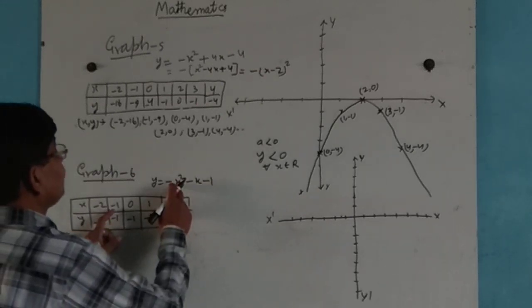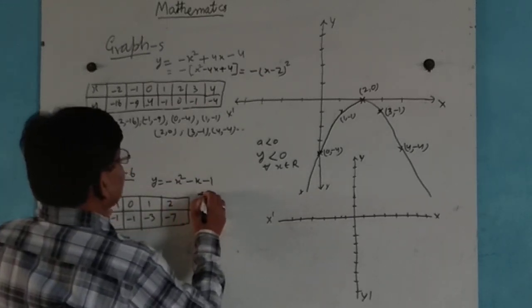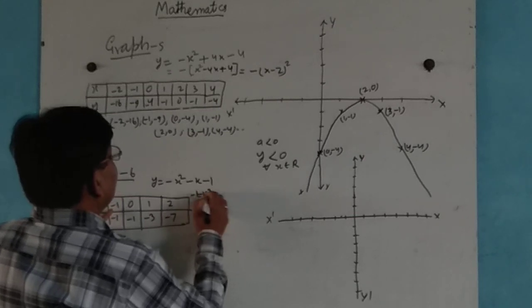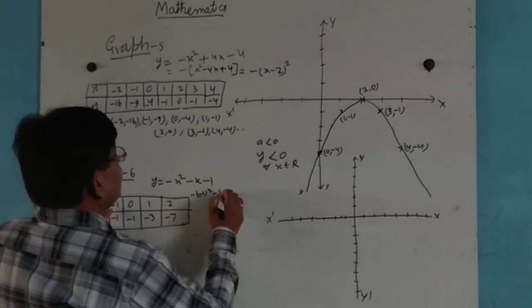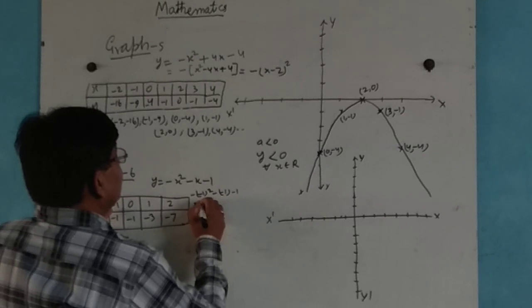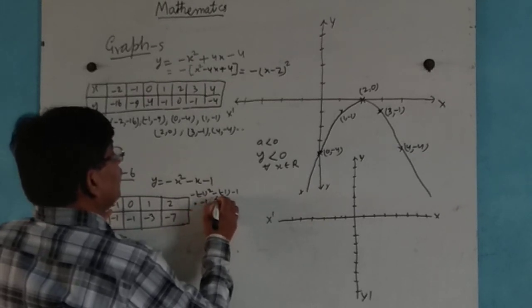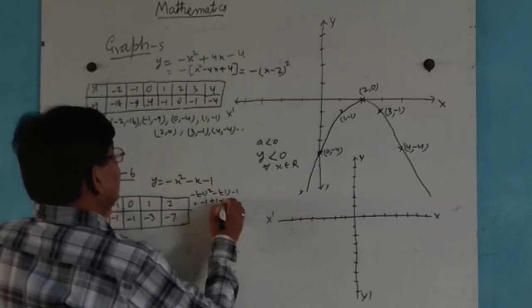X equal to minus 1, minus 1 square, that is minus 1 plus 1 minus 1.